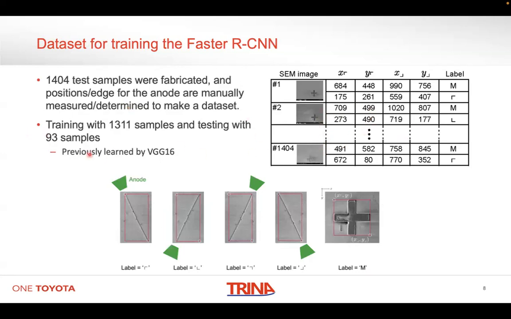And by using this, we train the neural network with this amount of samples and then test it with 93 samples. But to train the neural network efficiently, we use the previously learned neural network, VGG16, for image recognition tasks.